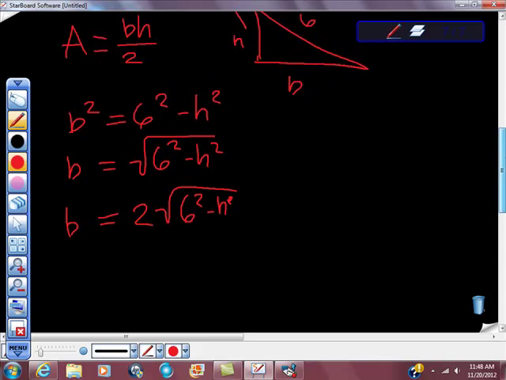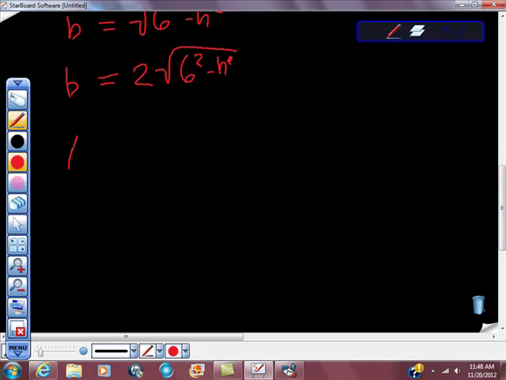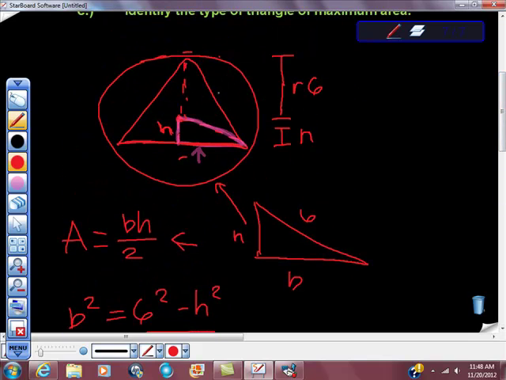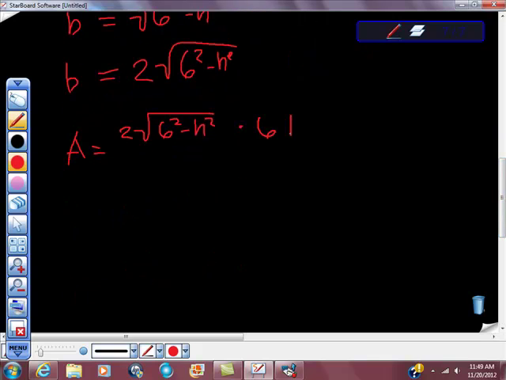So we're going to put that in our equation for a. So our area is equal to 2 times the square root of 6 squared minus h squared times y. Y is this right here, and it already told us that the height from the point is 6, so that's 6 plus the height because of the triangle. So that's going to be our y, so that's 6 plus y all over 2.